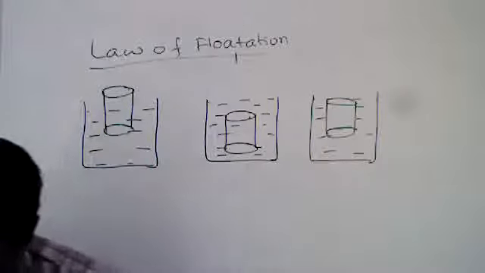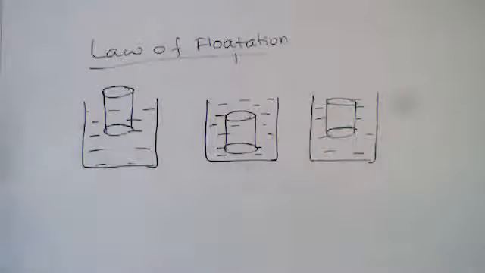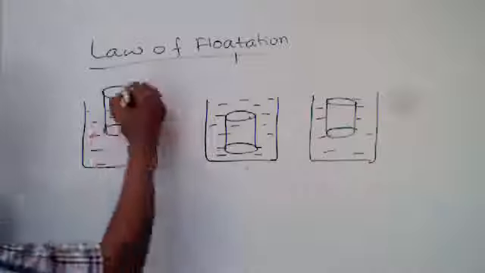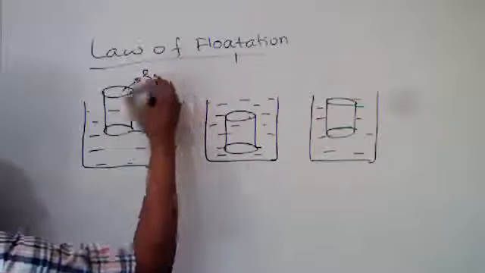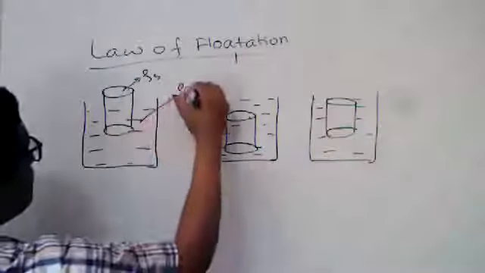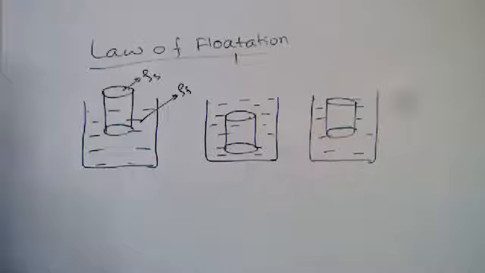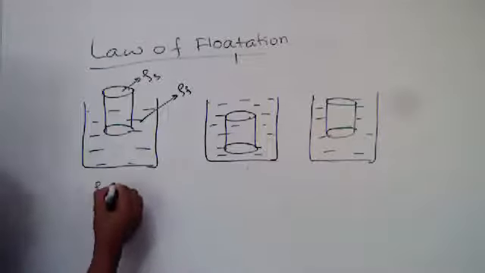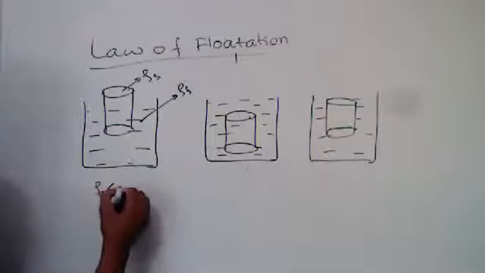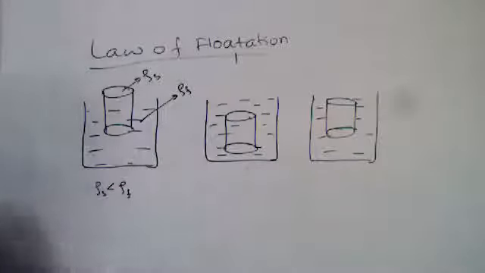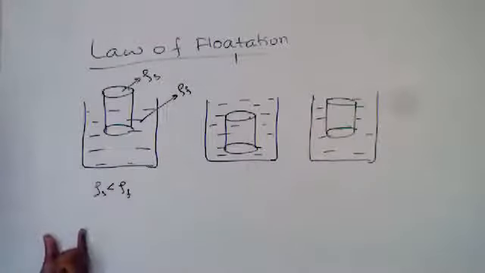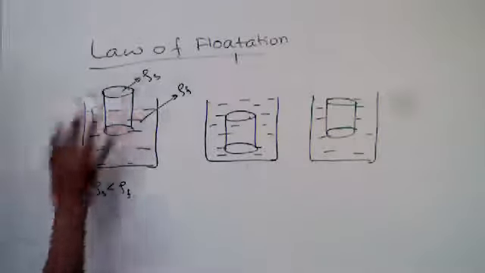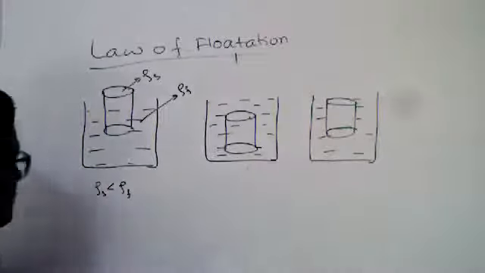In this case, suppose the density of the object is rho_s and the density of the liquid is rho_f. If rho_s is smaller than rho_f, the density of the solid or object is smaller than the density of the liquid, then the object floats.